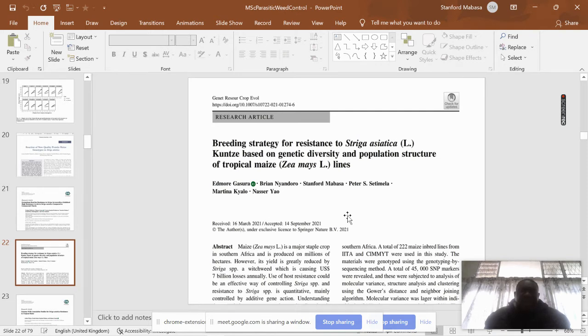These hybrids are not yet in production, but later on they could be produced by UZ because it formed a seed company. So these could be some of the candidates which could be produced by the University of Zimbabwe seed company.